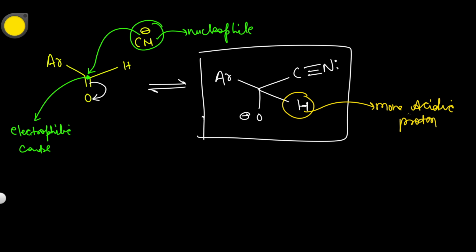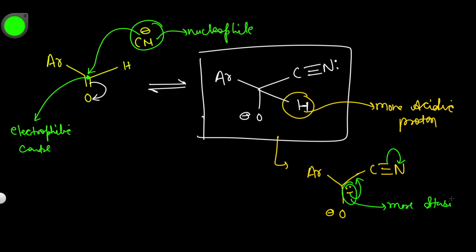Because after the removal of this proton, it will get a negative charge here, and because a cyanide is attached here, this negative charge is delocalized with this cyanide. It means this negative charge is more stabilized due to the minus M effect of C triple bond N.